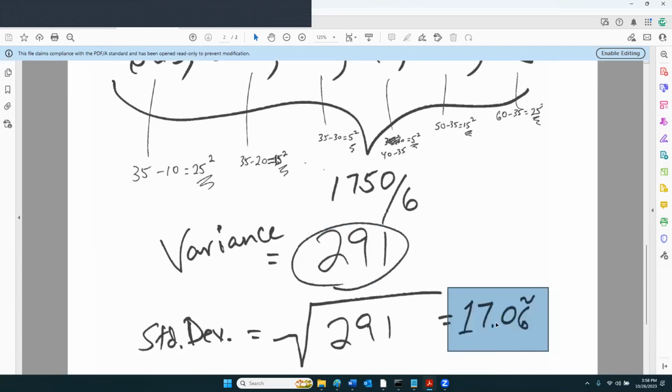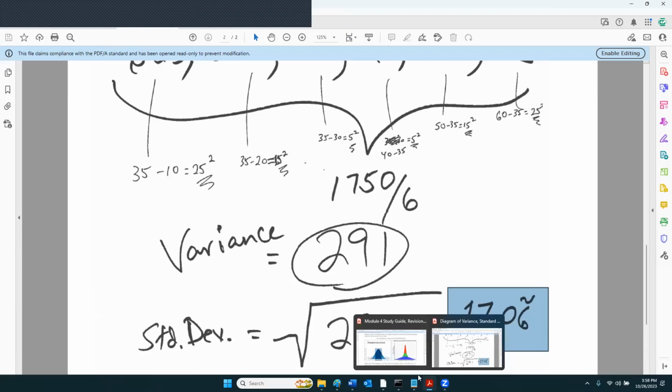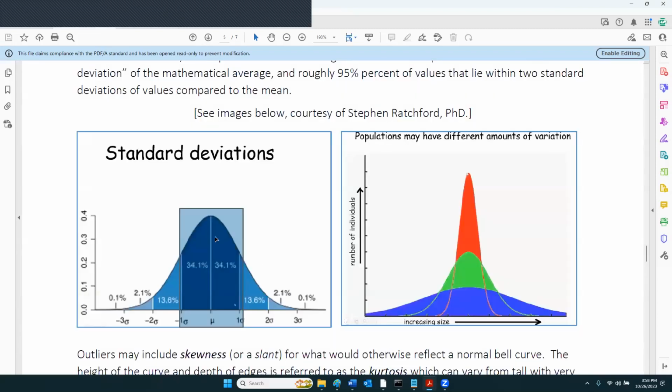I want you to notice that this standard deviation is half of a normal distribution we just talked about. So in this case, we would be drawing the bell curve much flatter. It would be like the blue bell curve. And if I drew the line here and here, it would only show 17.06% below the mean and 17.6% above the mean.